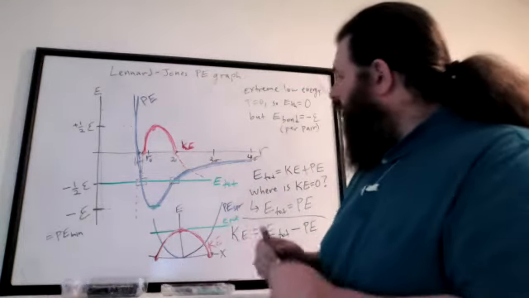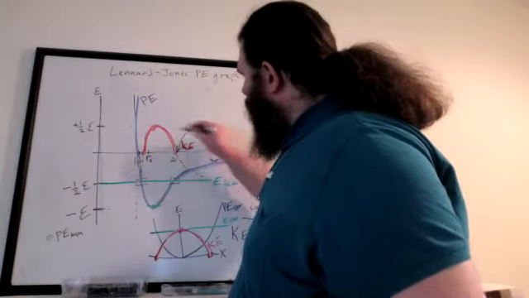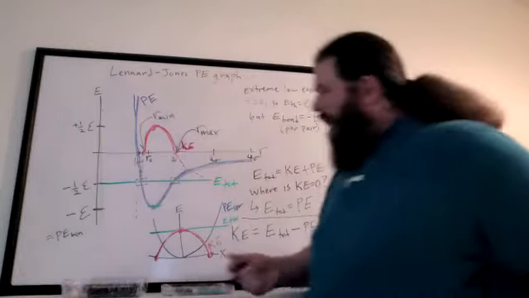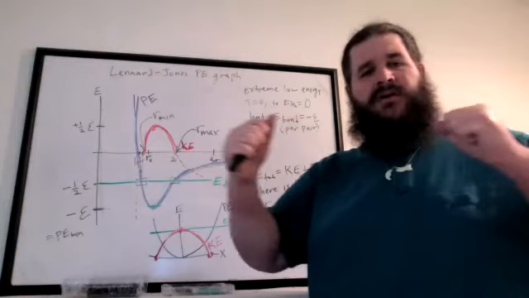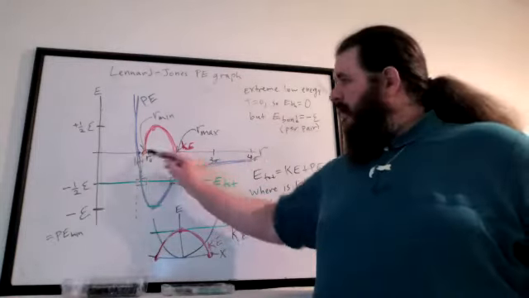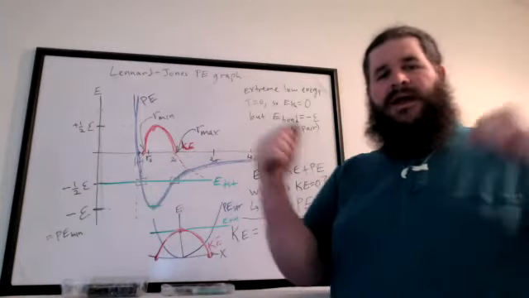In fact, we usually call these locations R max and R min in terms of the R values there, because R max represents the furthest the particles can get before they fall back towards each other, and R min is the closest the particles can get before they bounce back out from each other as they oscillate.